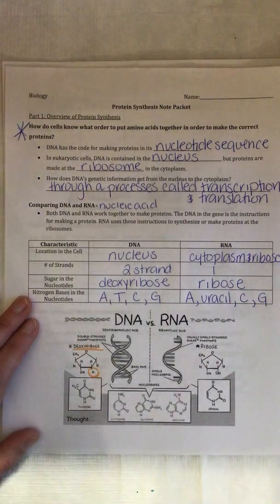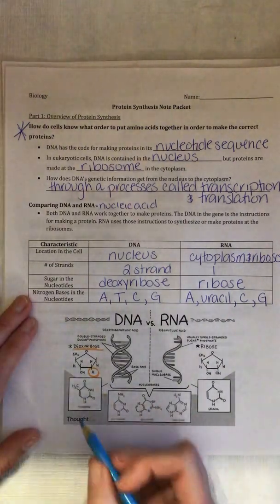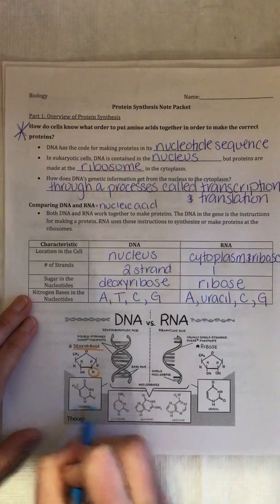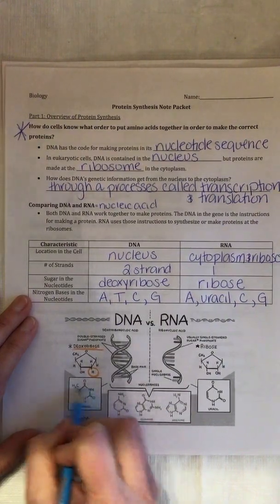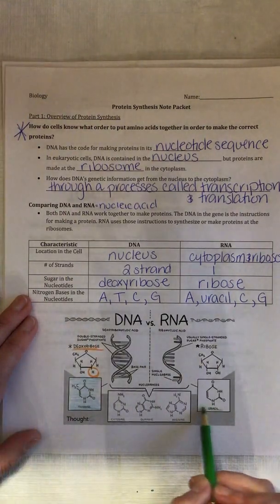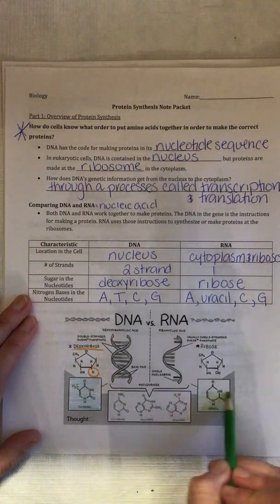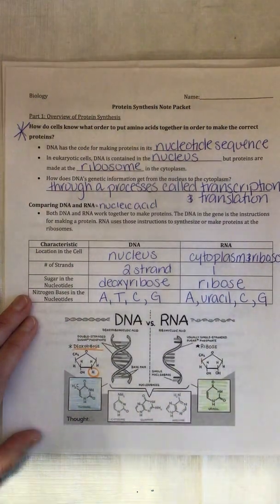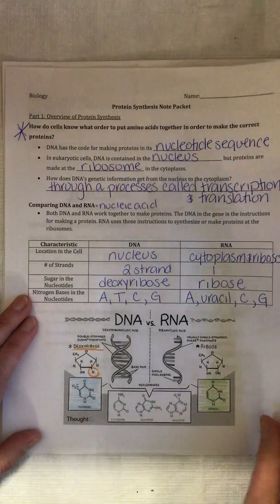So notice here that in DNA, it's thymine, but in RNA, it gets replaced with uracil. And we'll look at how that happens in a little bit here.